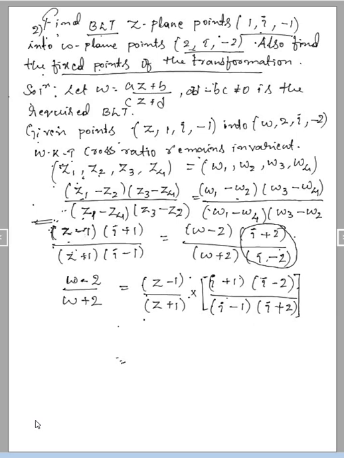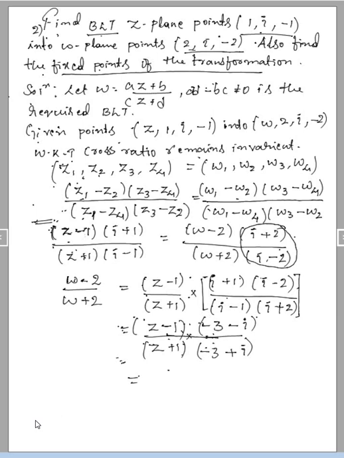So expanding the right hand side, I am going to get Z minus 1 divided by Z plus 1, multiplied with, by expanding that numerator, minus 3 minus I divided by minus 3 plus I. Now expand this numerator again. Multiply these factors. Let us see what you are going to get. Similarly, multiply the denominator factor. See what you are going to get.